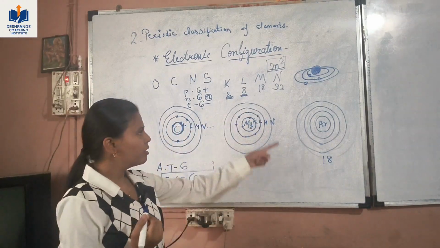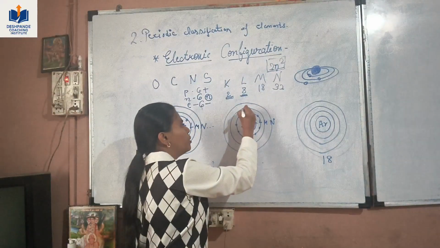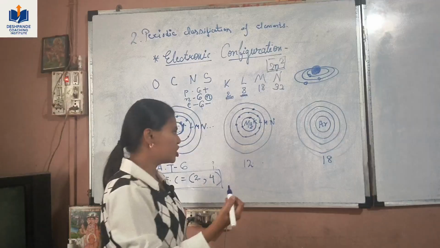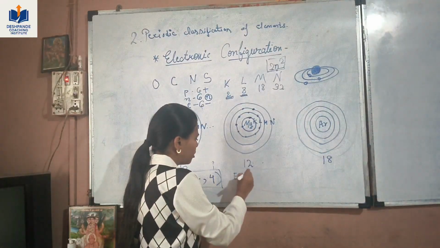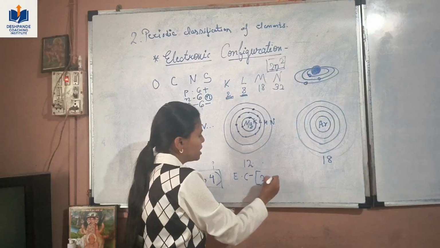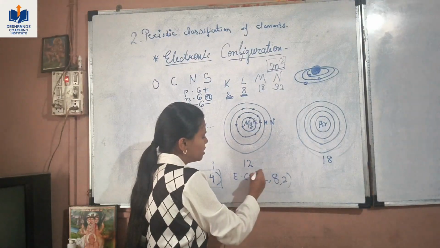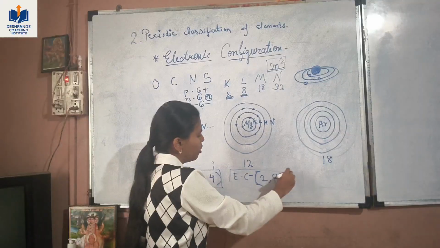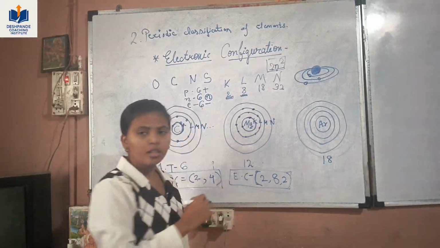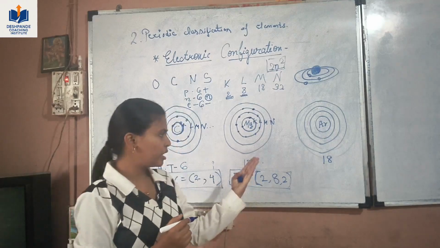Out of 10 we have used 8. How many are remaining? 2. So there will be 2 electrons in the M shell. What will be the electronic configuration? The first shell has 2, the second has 8 and 2. This is the electronic configuration of magnesium. You can write this in the exam if it comes.